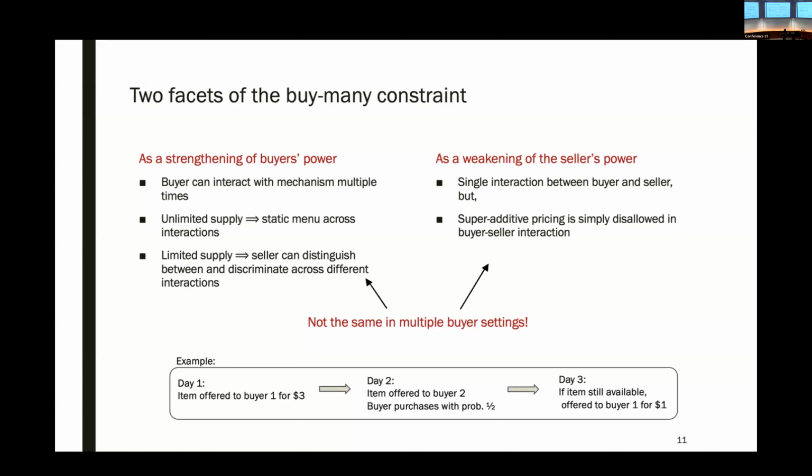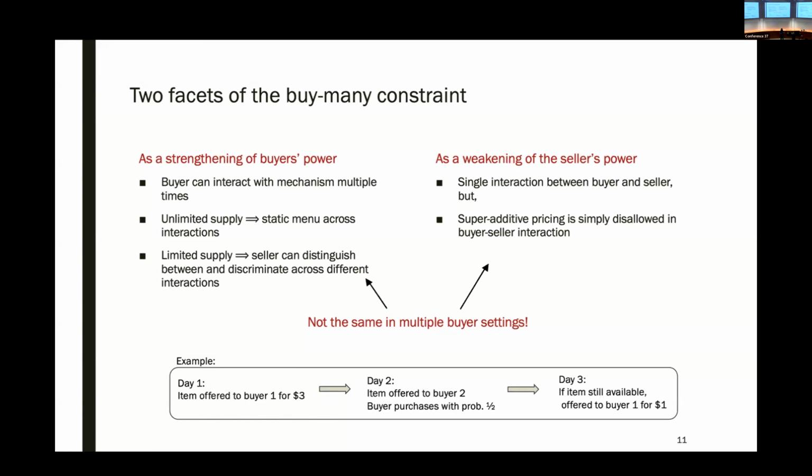So here's an example. Let's say we have an item to sell, and on the first day, we offer to sell the item to buyer one at $3. And then we say, if the buyer refuses to buy the item at $3, we're going to offer it to another buyer. And this other buyer will purchase the item with 50% probability.